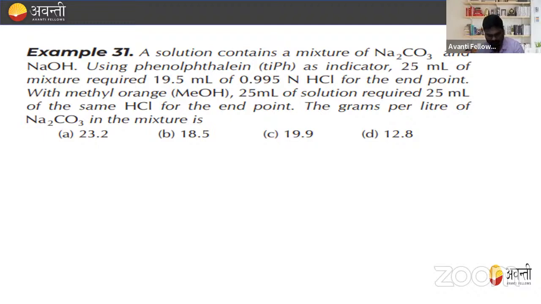Now, the next thing: at the endpoint with methyl orange, 25 ml of solution required 25 ml of the same HCl. The gram per liter of Na2CO3 in this mixture is, so you have to calculate the gram equivalent of this, right?